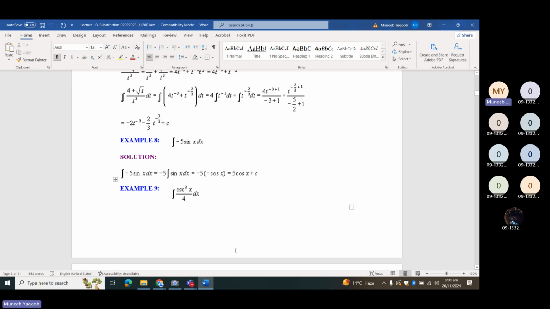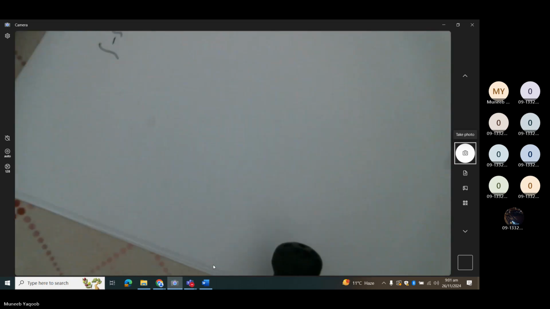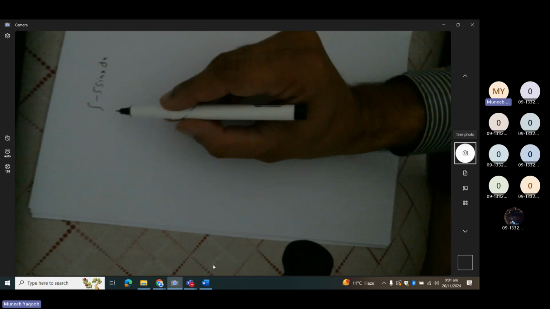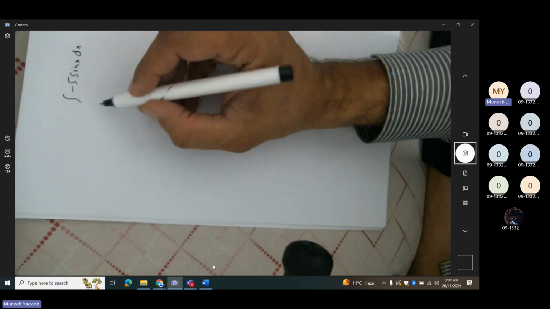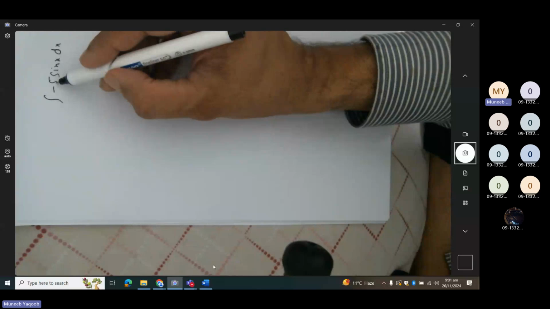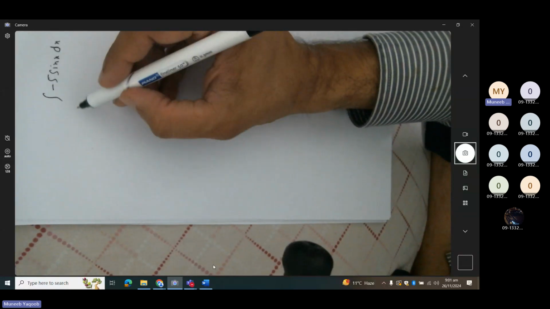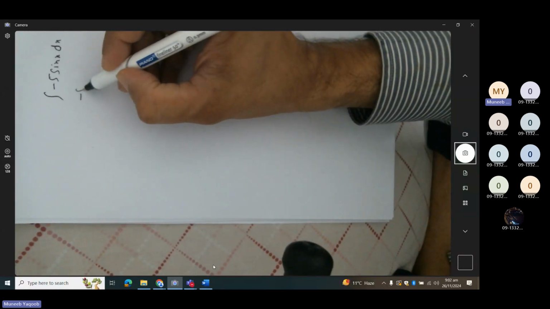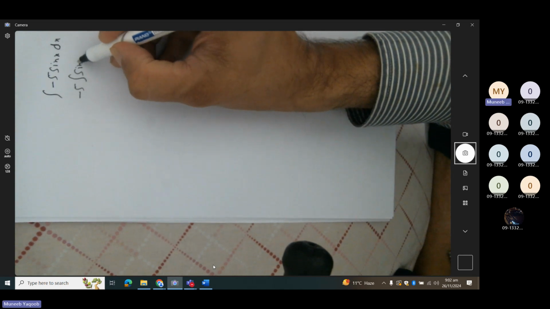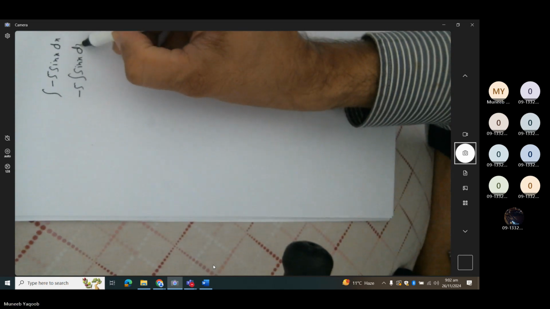Okay. So if we are to integrate this thing, integral of minus 5 sine x dx, it is very simple. We will apply the basic formula. First of all, we will take this minus 5 common. So it will become minus 5 times integral of sine x dx.